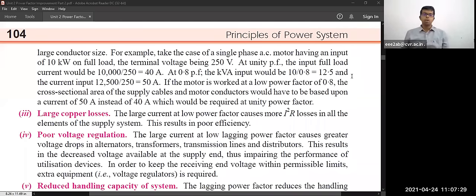In that scenario, if the efficiency of the particular substation or power generating system decreases, they will shut off the whole substation itself.